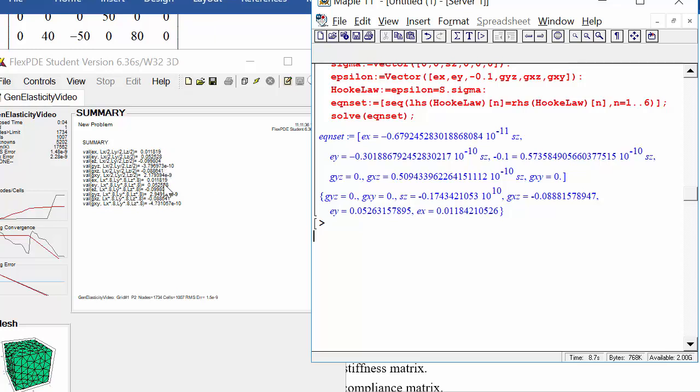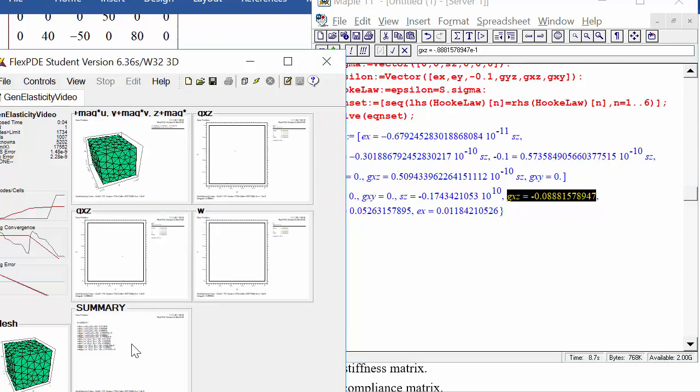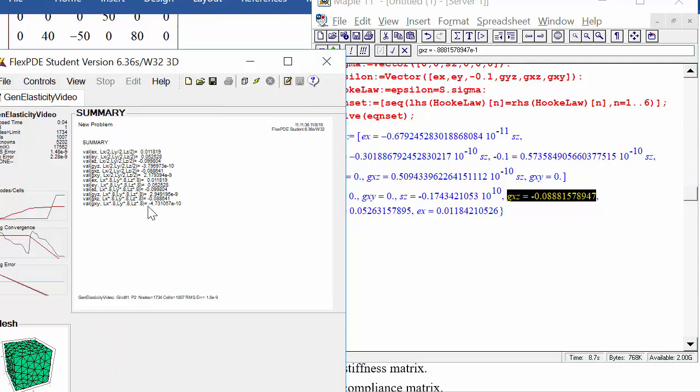All the strains seem like they're not changing across the object anymore. GXZ was supposed to be negative 0.0888, and now we've got 0.08864 there. I'm not sure if you can see that. Maybe we'll make that a little bit larger.